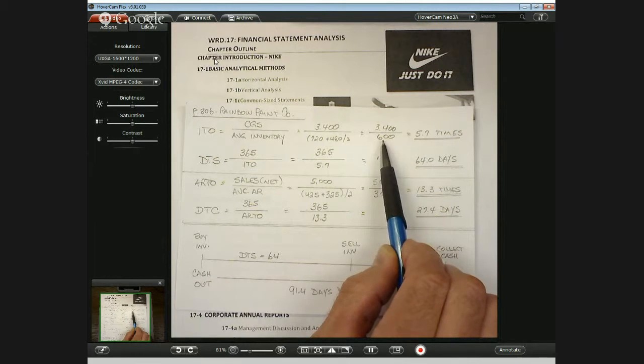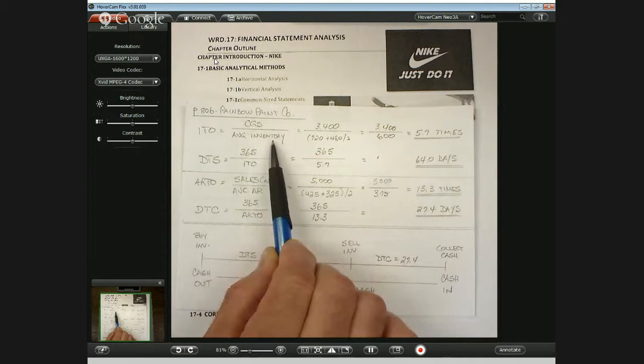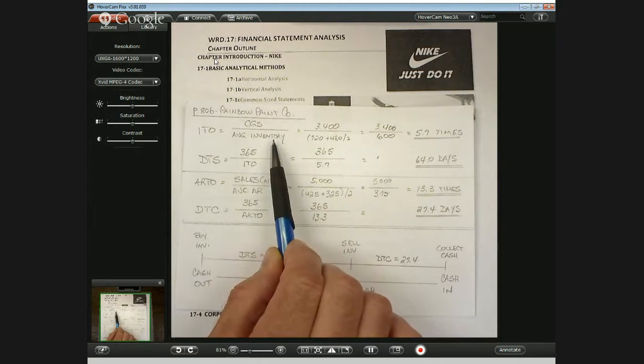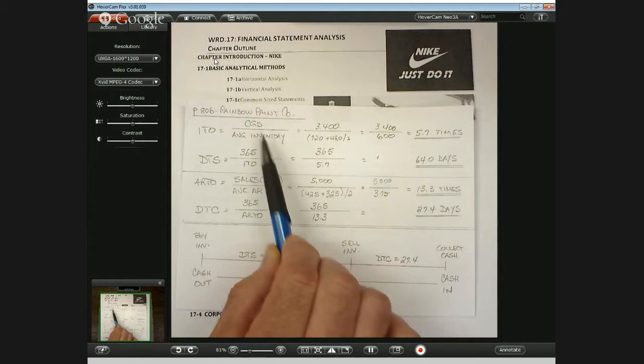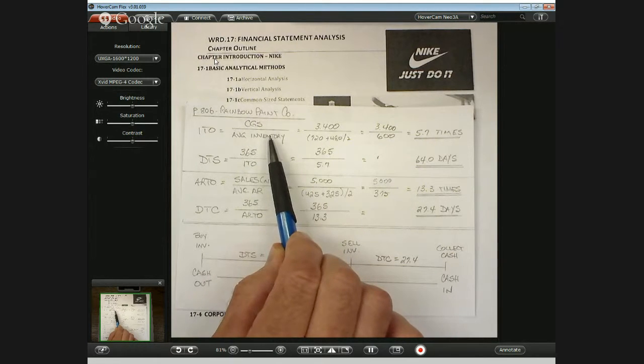Now think about when we make a journal entry to show the sale of goods. Usually we would debit, increase cost of goods sold, and we would reduce, credit inventory. So you can see, naturally, since cost of goods sold and inventory are part of a journal entry when a company makes a sale, these two items are naturals for analyzing for a ratio.